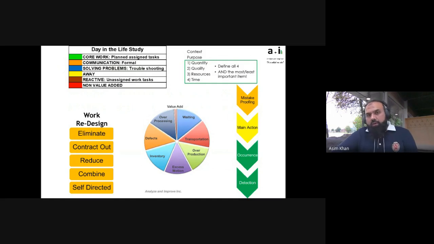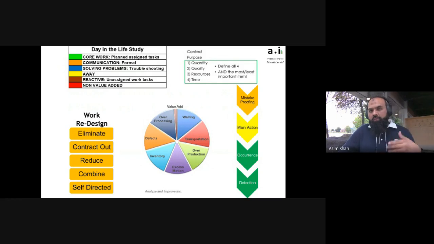On the right-hand side, top is about using a task assignment approach, or CPT-QRT is another term that people know about, really to figure out, if you're going to do new things or new tasks that have to be done, who's going to do them, and in what time, what kind of quality and quantity is needed. Why it's important to use that in this approach is to make sure that you're not taking on too many new things without giving a thought to who's going to do it and what is more important, right?